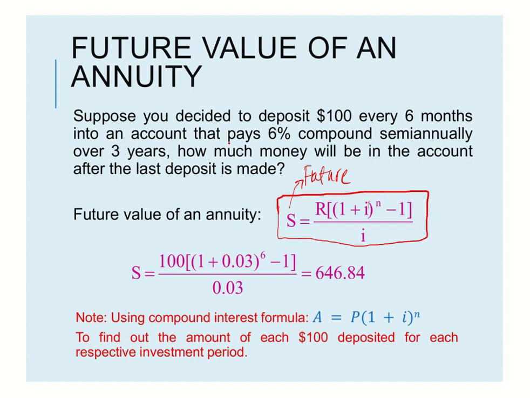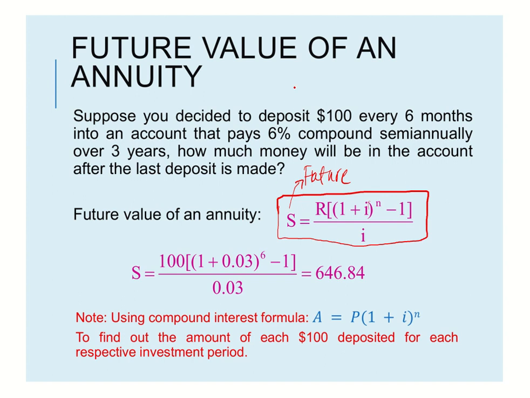Now let's take a look at the example here. Suppose you decided to deposit $100 every 6 months into an account that pays 6% compounded semi-annually over 3 years. How much money will be in the account after the last deposit is made?